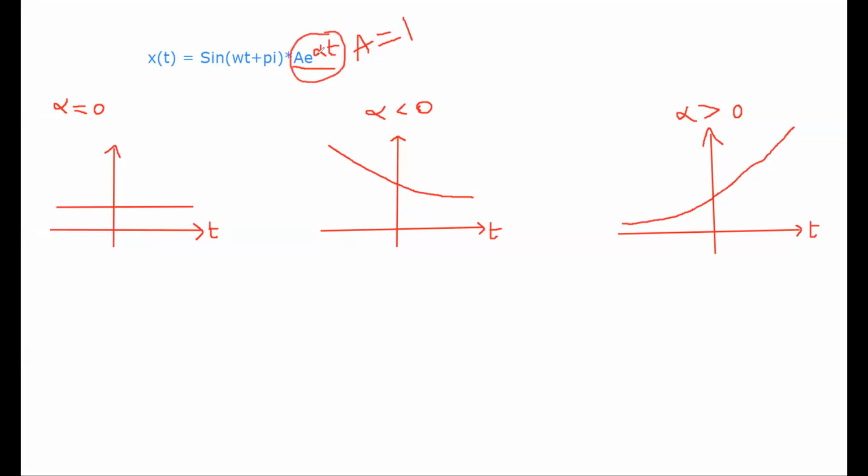But now this exponential signal should be multiplied with a sinusoidal signal. We have already seen these sinusoidal signals too, isn't it?